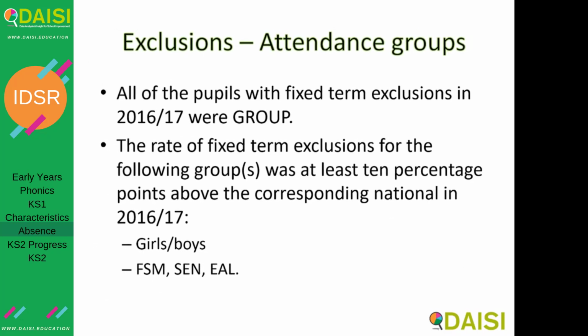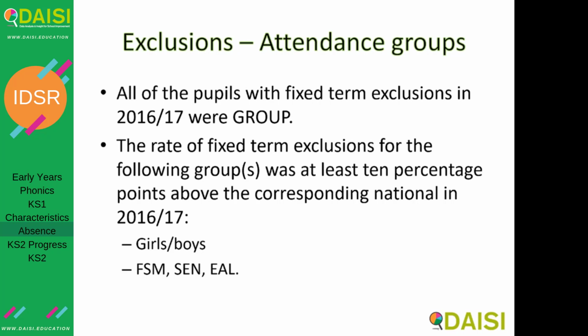You will also see if there are in any particular groups pupils who have been excluded with fixed term exclusions coming from that particular group. So we're talking about girls, boys, free school meals, SEN and EAL. We're looking at those 5 different groups and seeing whether it was above the corresponding national.